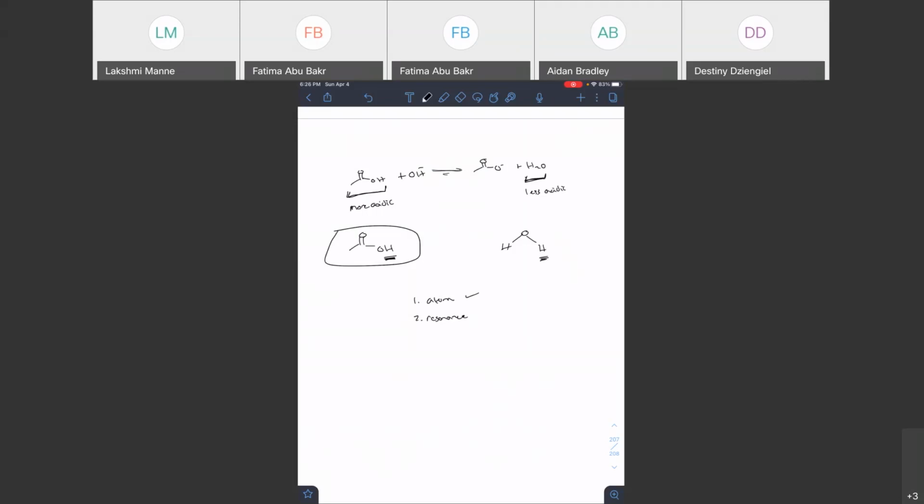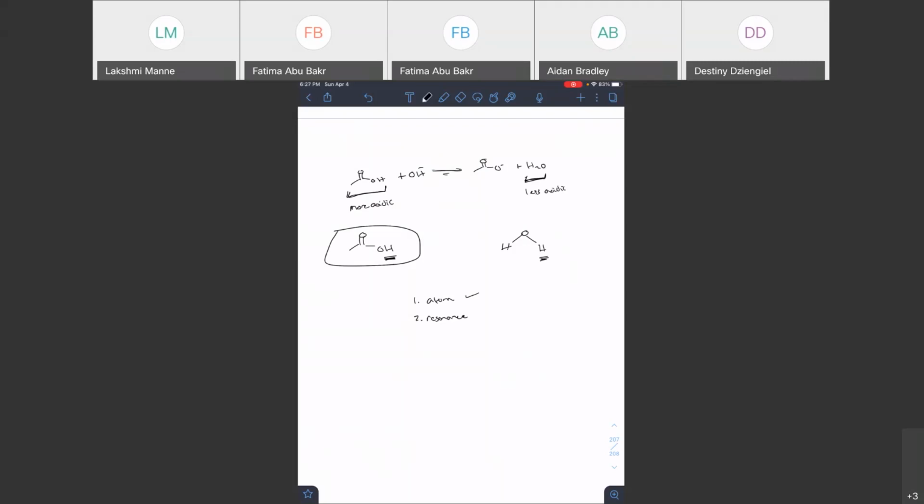But in terms of solubility, yes, if you add certain things, it could change which ones it's going to be more soluble in, and that has to do with your intermolecular bonding and how it interacts with the solute. But that's really complicated, and he definitely won't ask something like that in this class.